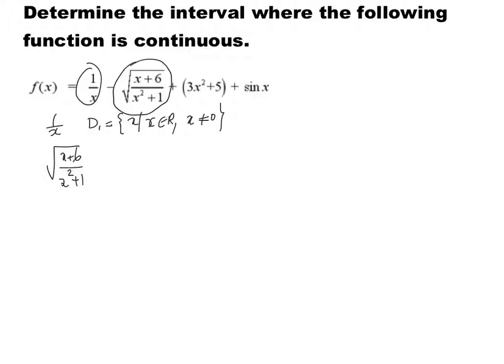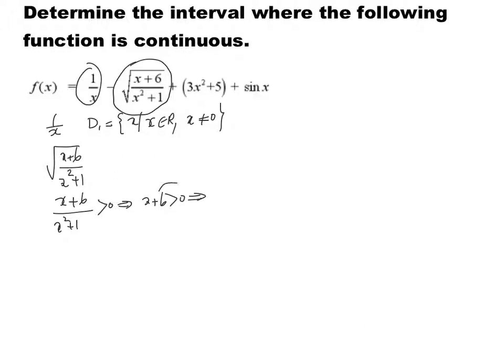The other condition is that x plus 6 over x squared plus 1 has to be greater than 0. Since x squared plus 1 is always greater than 0, this means that x plus 6 has to be greater than 0.